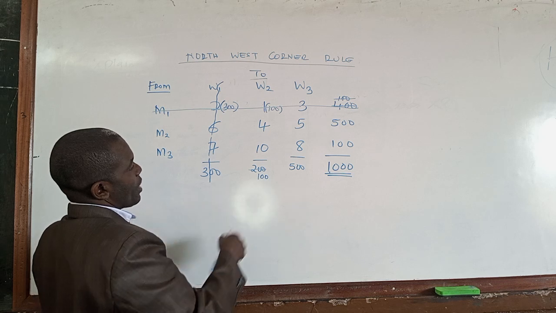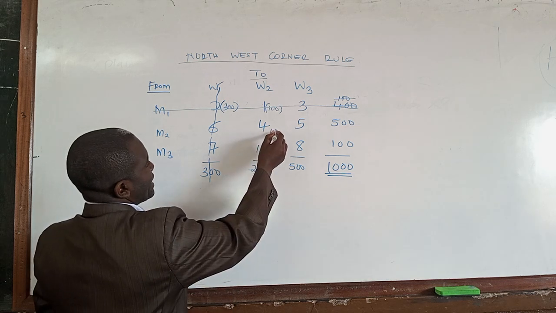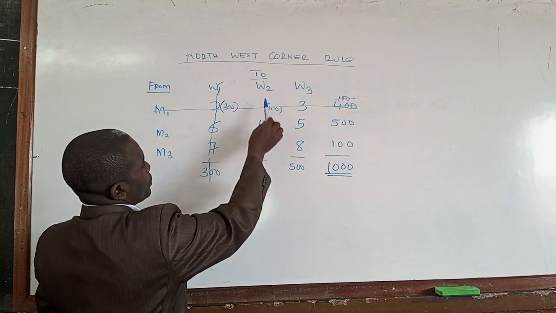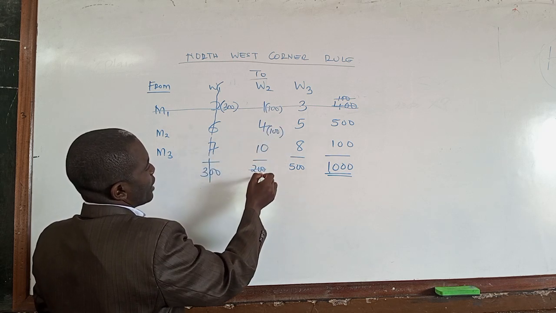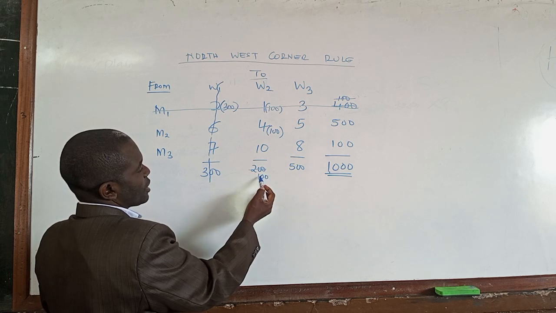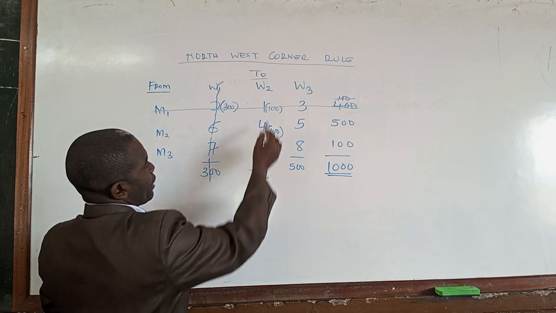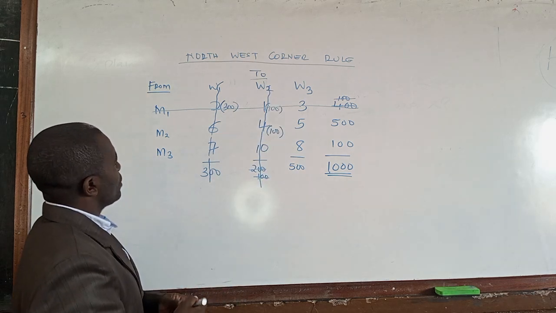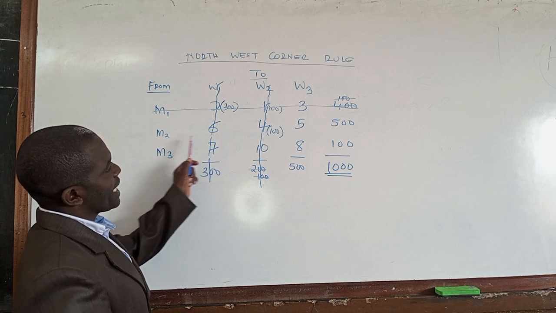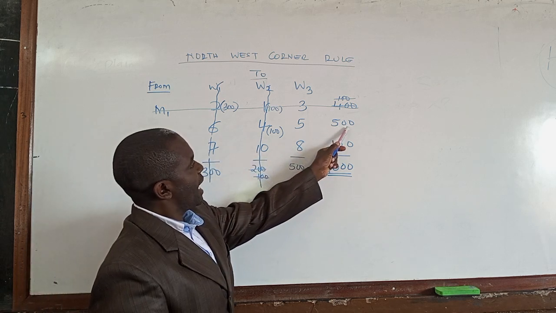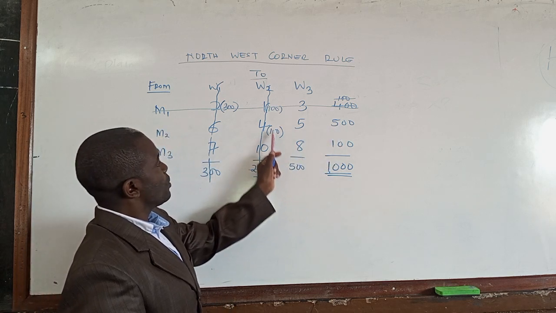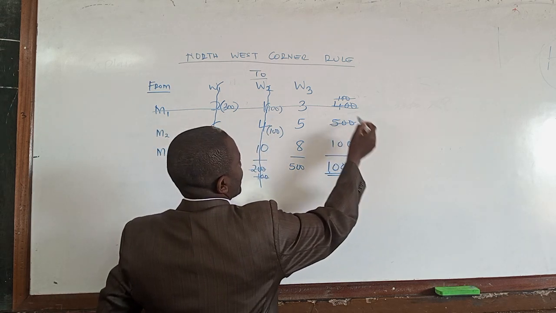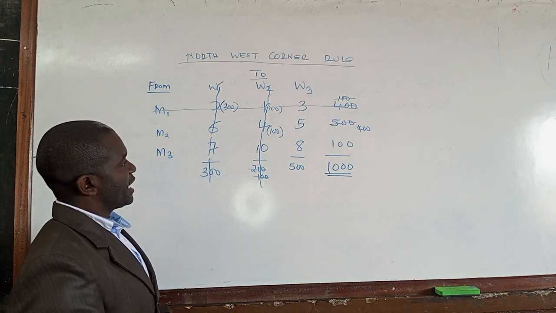And therefore, we shall assign 100 units from M2 to W2, and because we have already assigned the balance, we cancel out W2 because it's done. We also look at the capacity for M2. We had 500 units and we have already transported 100 to W2, and therefore the balance becomes 400 in manufacturing plant 2.